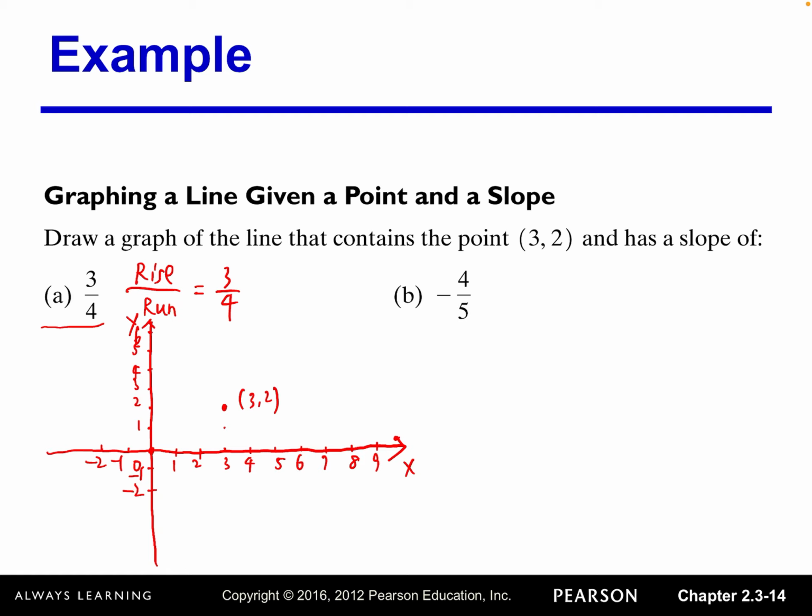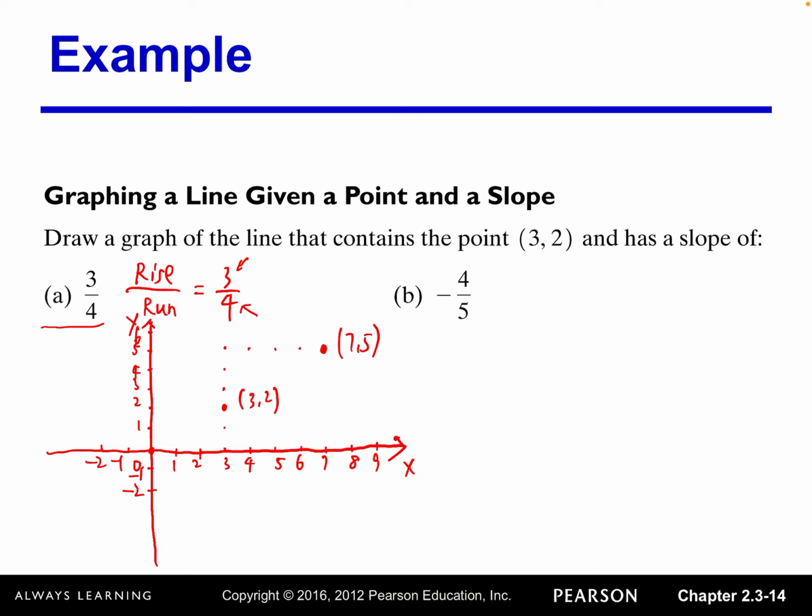And then based on the given slope 3/4, that means every 3 units up, and then 4 units over to the right. 4 units run. 1, 2, 3, 4. All right, so what are the coordinates of this point? You can read from the rectangular coordinate system, that's (7, 5), right?